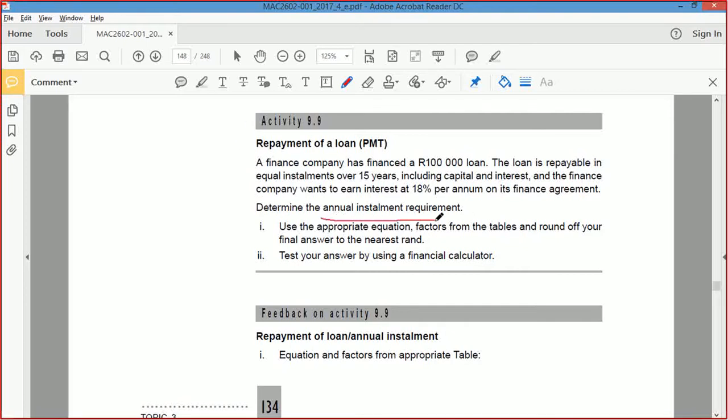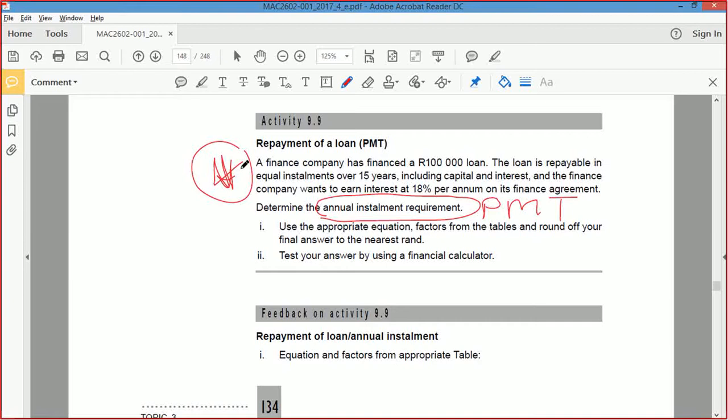We want to know what the annual installment is. The annual installment is PMT. Can you work this out? Grab the calculator, substitute and solve. What do you get? The loan is repayable over 15 years, including capital.